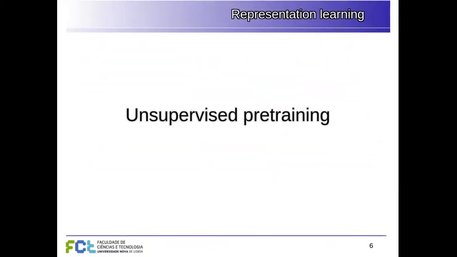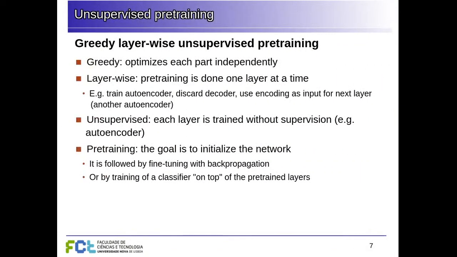So let's start with the unsupervised pre-training. This is one example here. This was actually used about 10 years ago, 7 years ago, something like that, was one of the methods used to train deep neural networks, in which the layers were trained one at a time with unsupervised pre-training, where we are going to train a layer like an autoencoder.